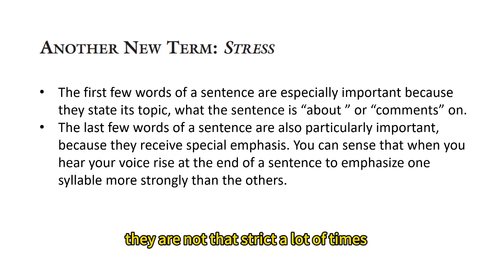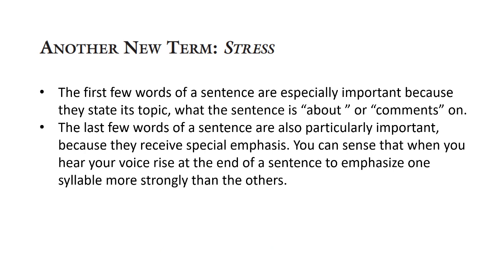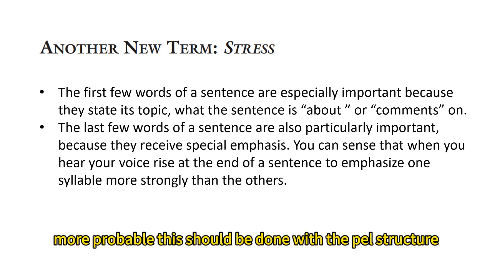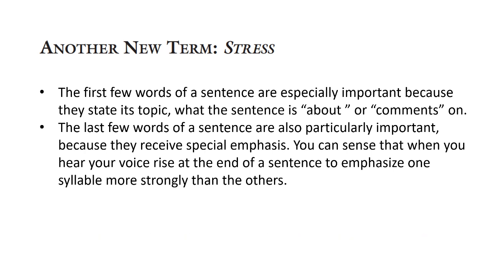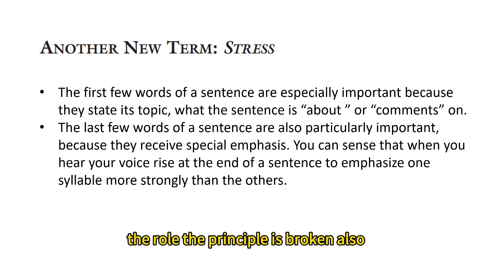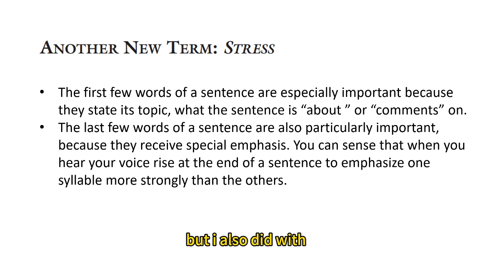A lot of times it's a matter of probability. More probably, this should be done with the PEEL structure. But in rare circumstances, the rule, the principle is broken. Also, you ask a perfect question, but I answered it with a cliche, I should say. This is a cliche.